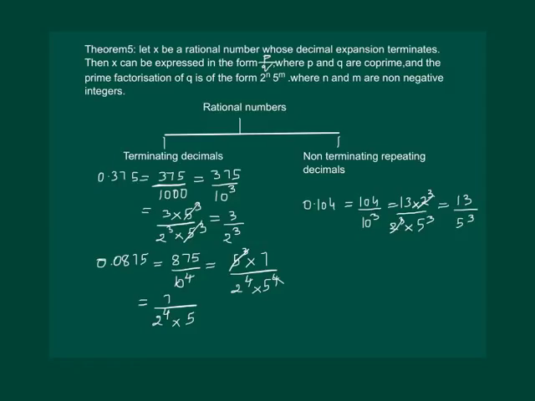So, cancelling out the common factors between the numerator and the denominator, we find that this real number is a rational number of the form p by q, where the prime factorization of q is of the form 2 power n 5 power m, where n and m are positive integers.